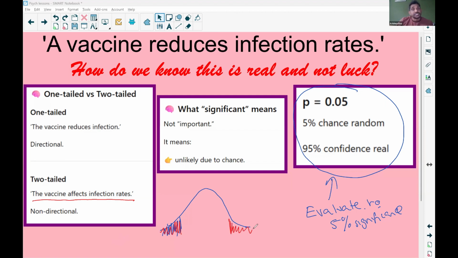We could have been reducing or increasing, because we're just saying, is it affecting it, whether for the better or for the worse? So that's the difference between one-tailed and two-tailed. And yeah, it's key that for psychology we use 5% significance values.